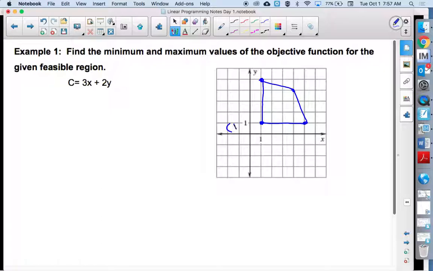So we have a point at 1, 1, 1, 5, 4, 4, and then 5, 1. So if I were to graph 4 inequalities, this could be what my graph would look like. So this is called a feasible region.